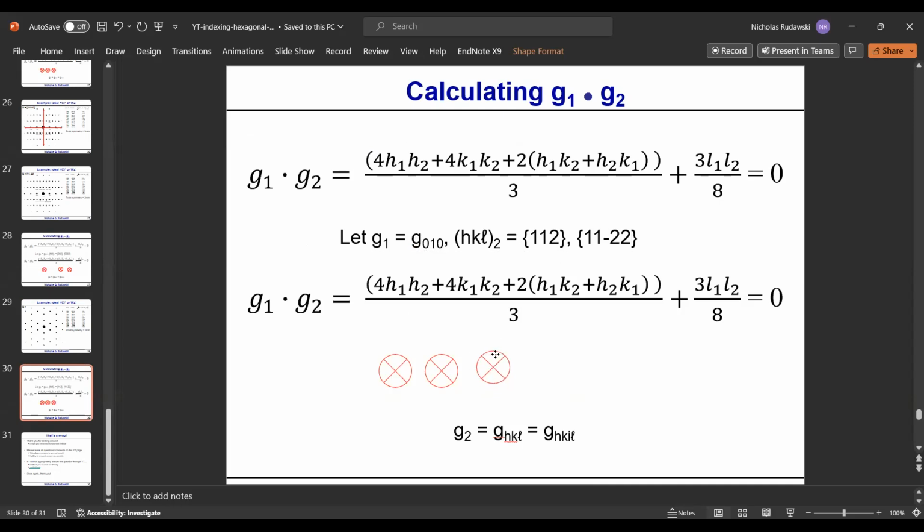Now once again, because we have a 0 index there, this term gets canceled out. Anywhere we have H1, that also gets canceled out. So we've got that canceled and we've got that canceled.